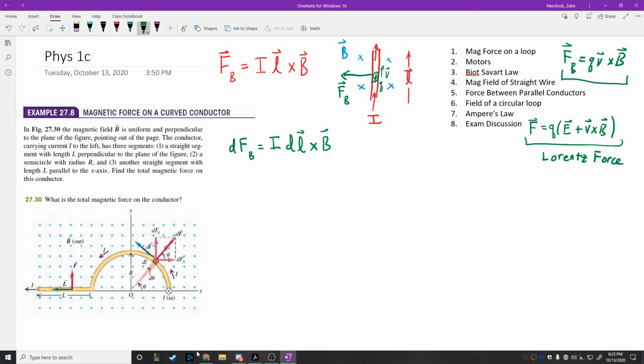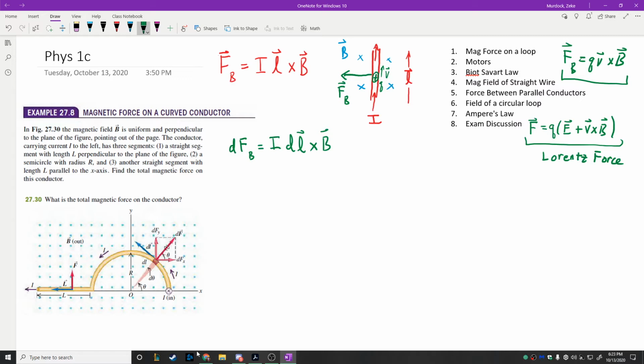All right. So it says in figure 27.30, the magnetic field B is uniform and perpendicular to the plane of the figure, pointing out of the page. The conductor carrying the current I to the left has 3 segments. One a straight segment with length L, perpendicular to the plane of the figure. So that would be here.